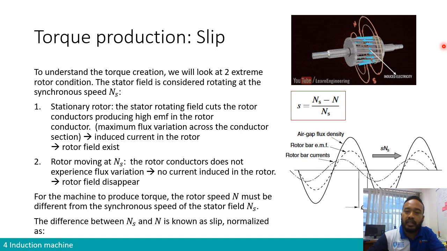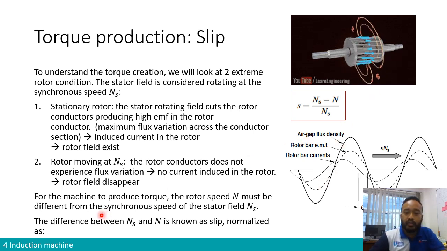Okay. So here is basically the depiction of the rotor field that's created by the induced current. This induced current is of course created by the, not shown over here, stator magnetic field or the flux wave. Right.